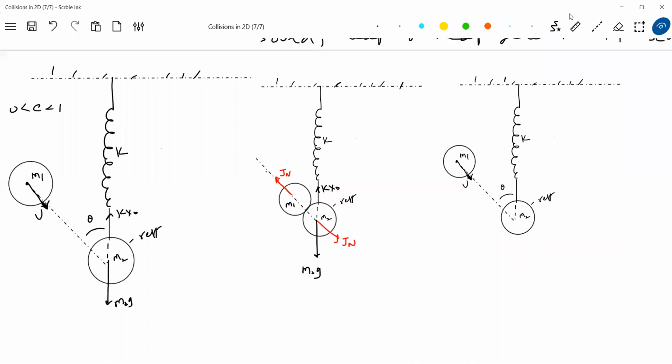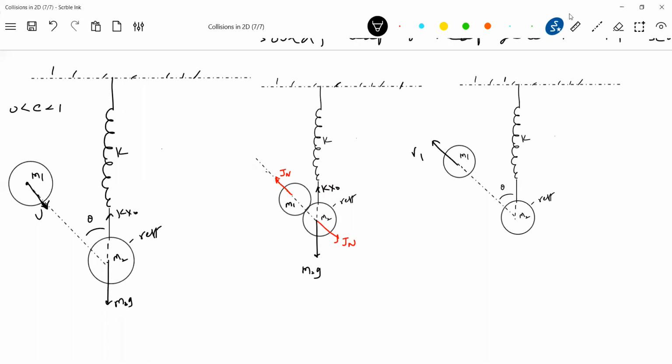So let's assume that it will retrace path. After impact, let it retrace path here. Now what can happen to this sphere 2 just after impact? How should the sphere M2 move?